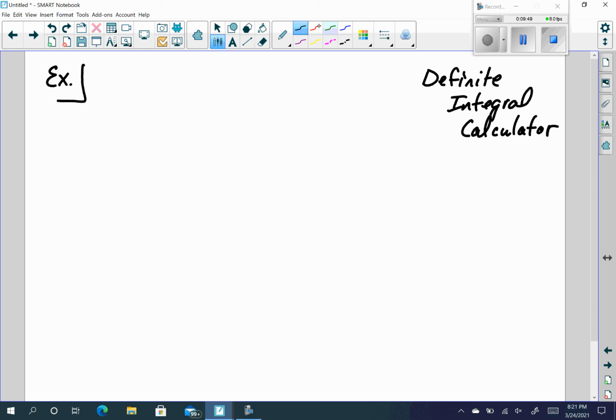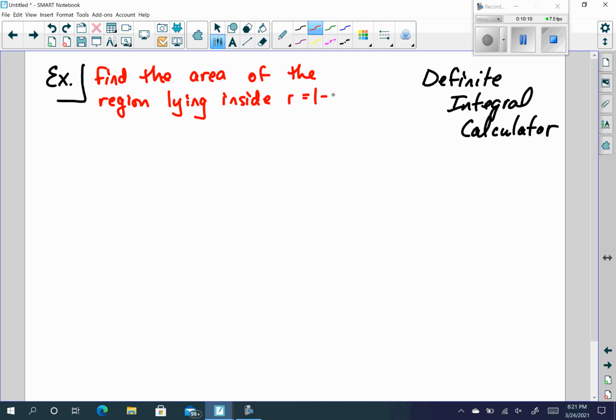All right, so for this next example, let's find the area, or at least set up the integral to find the area of the region lying inside r equals 1 minus sine theta, and outside r equals 1.